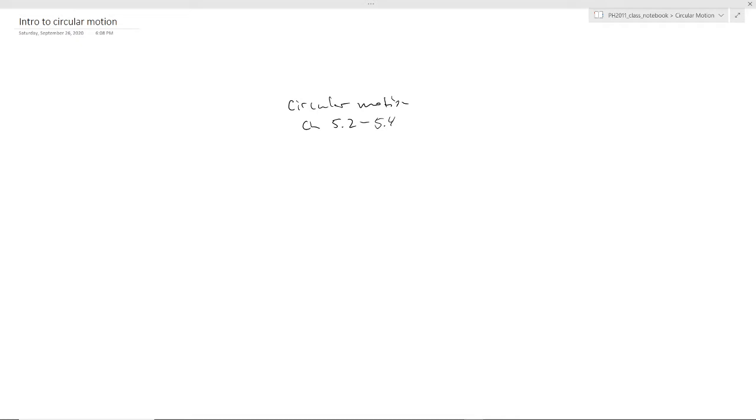So it might seem kind of out of place, but it turns out that this topic is actually really crucial because it allows us to connect back to what we had been doing. So we talked about Newton's laws in chapter 4, and we had just talked about friction in section 5.1. And going forward, we're going to talk about gravity in the next chapter, chapter 6.